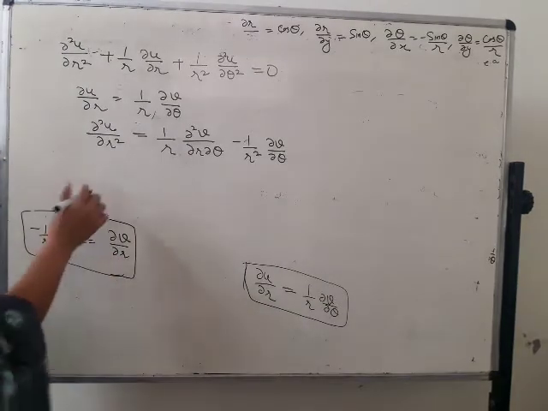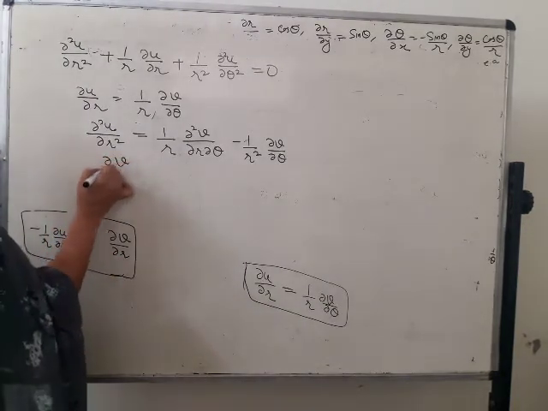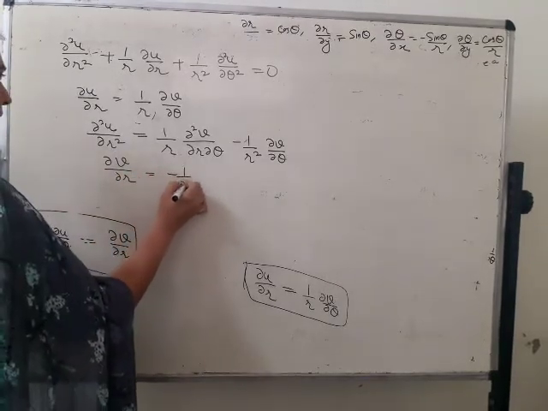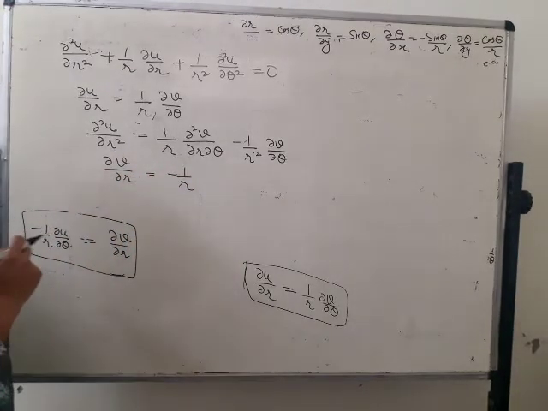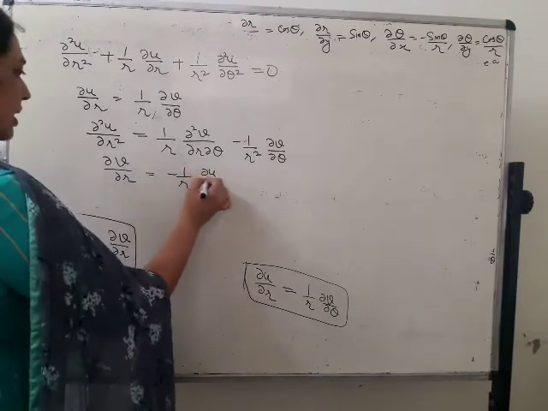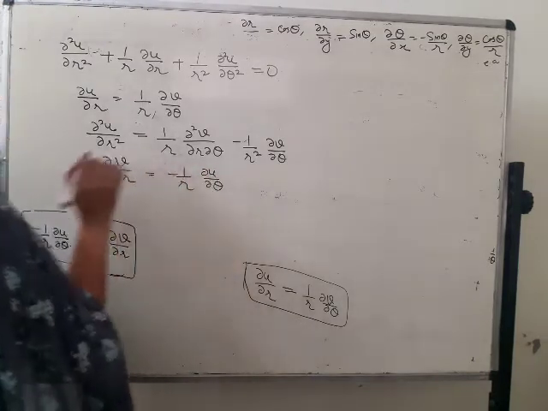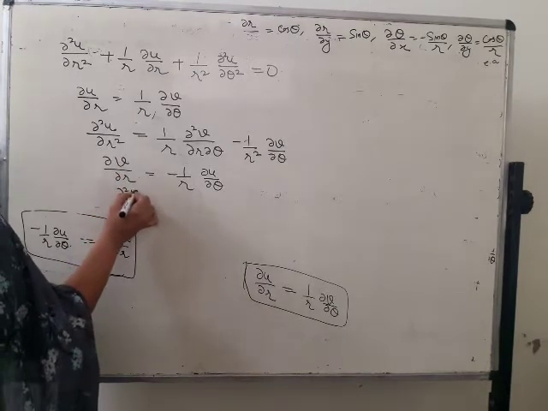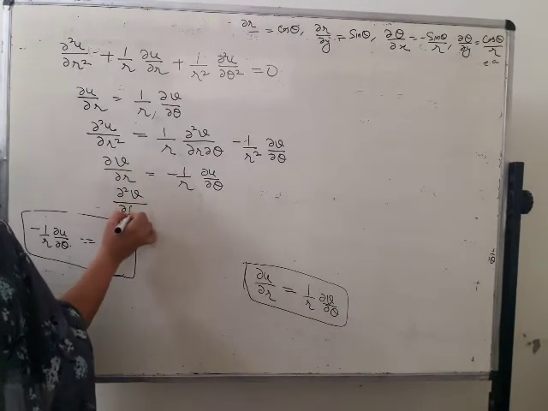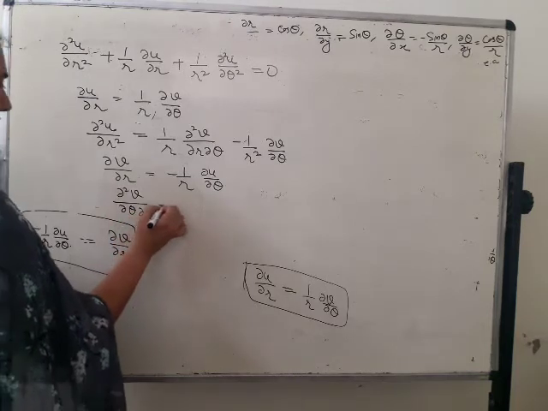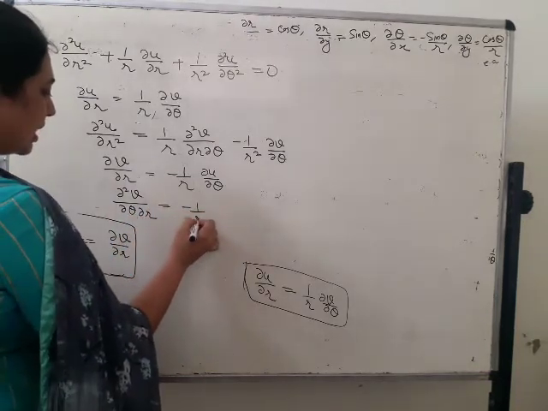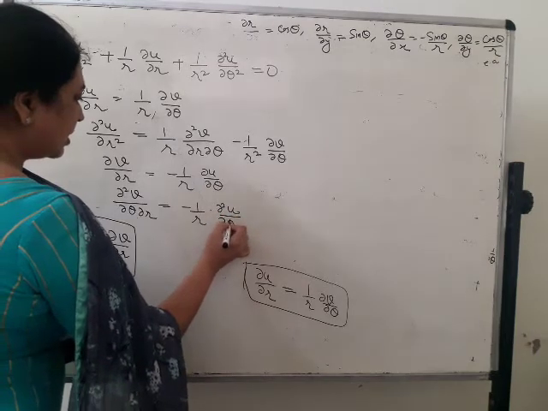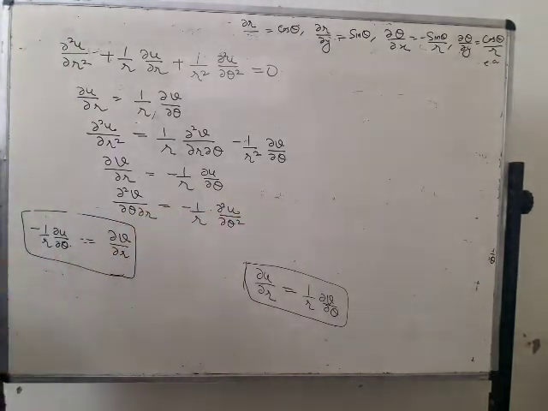Now from the second equation, ∂v/∂r is equal to minus 1/r ∂u/∂θ. Now take the derivative of this term with respect to θ. ∂²v/∂θ∂r is equal to minus 1/r ∂²u/∂θ².